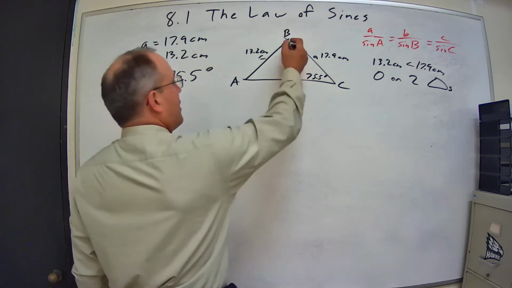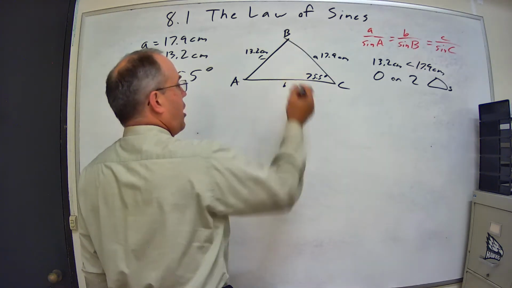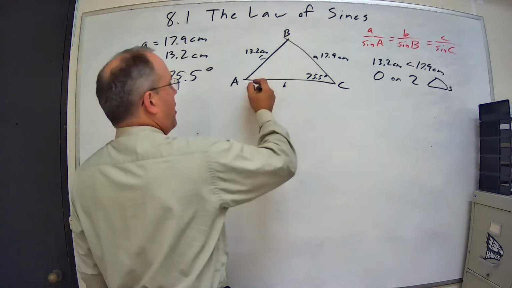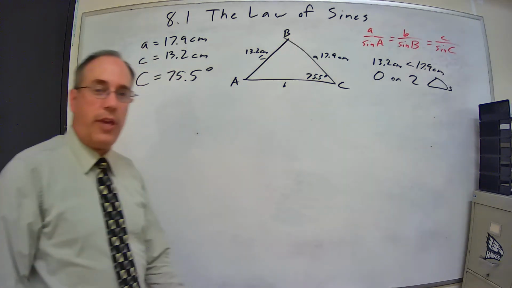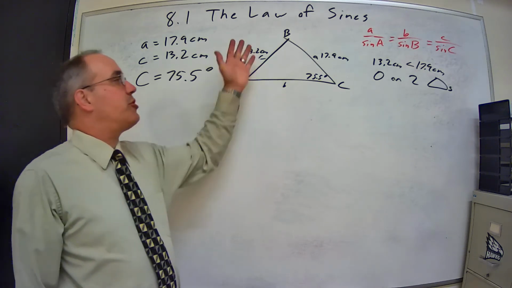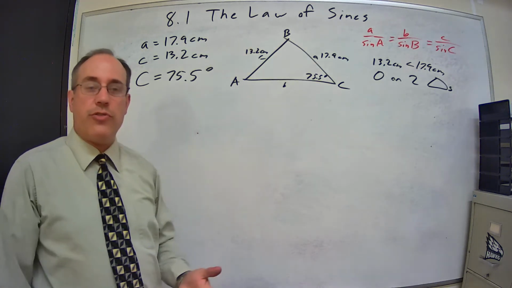So either it's going to dangle there and never touch side B, or it's going to touch side B in 2 possible locations. The only way to determine that is to go forth and start doing our calculations and see what happens.